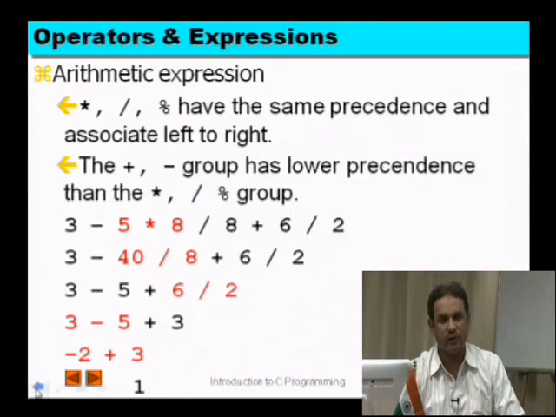So 3 minus 5 is minus 2, plus 3, the result is 1. In this way the expression will be evaluated. There are a large number of operators, and all of them have some definite precedence, which we shall see later. This is how the expression will be evaluated.